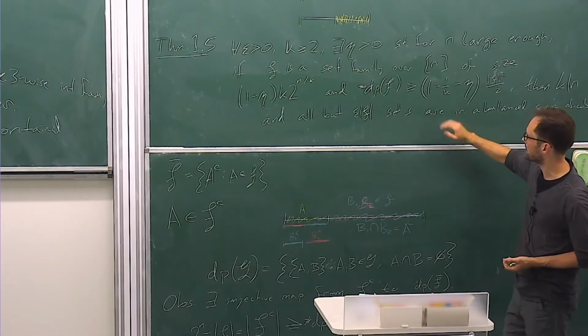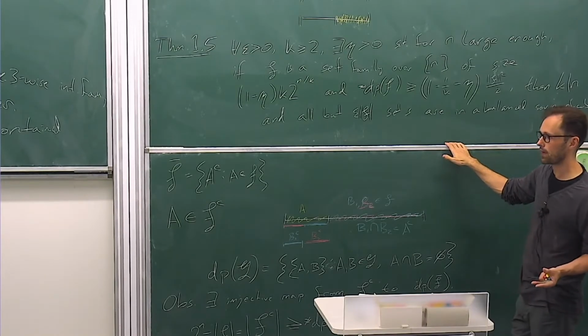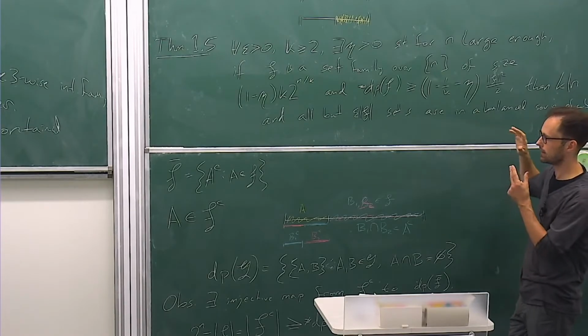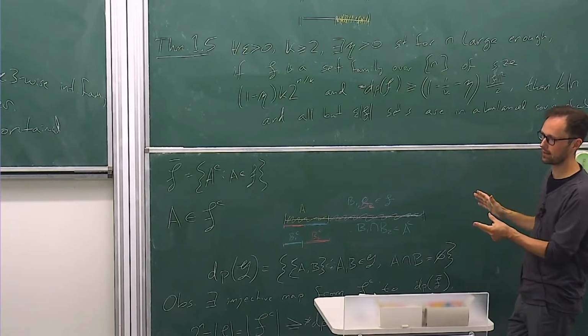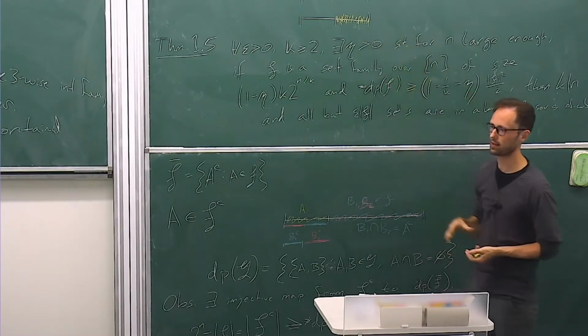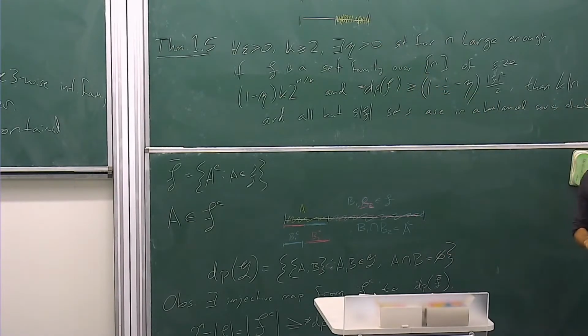And what this says is that if you have any set family that has almost as many disjoint pairs as possible, then in fact k does divide n, and the underlying set family looks very much like a series of cubes. And so that's the end of my talk.